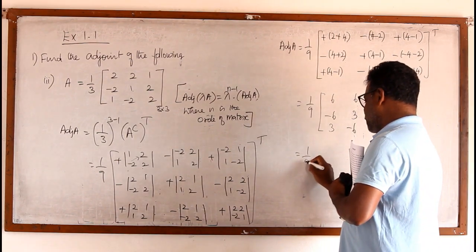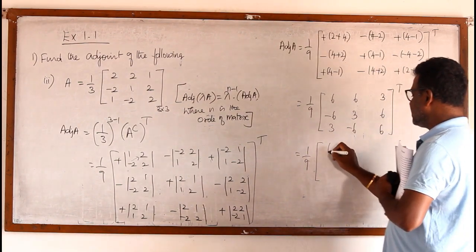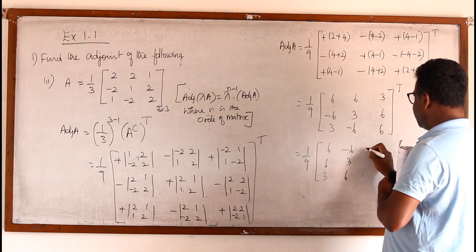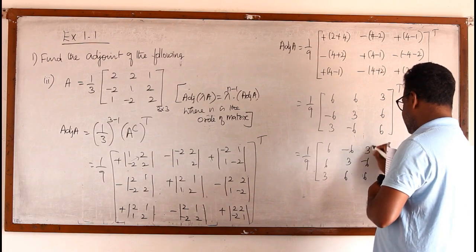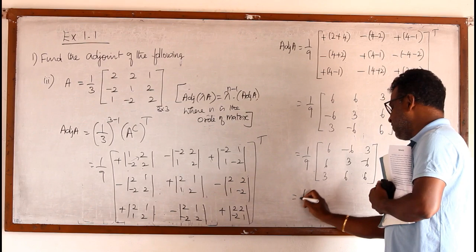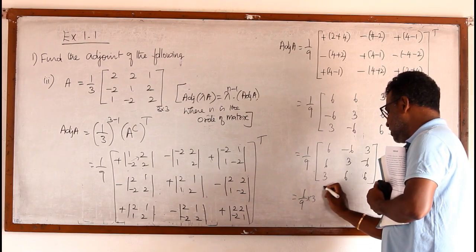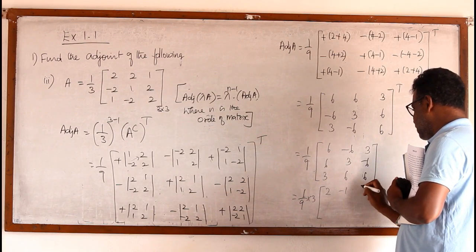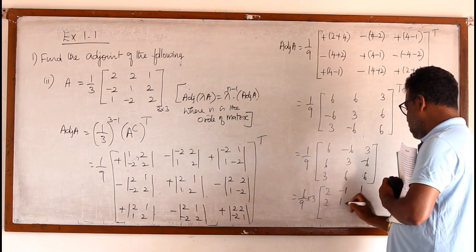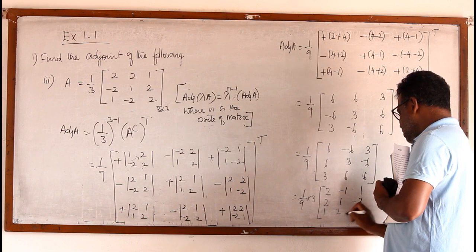Now you transpose first. Then you get 6, 6, 3 here. Minus 6, 3, 6 here. 3 minus 6, 6. Now, can you see, a number 3 is common. So if I take 3 out, then this will become 2 minus 1, 1. Because in a matrix, I can take out a common number. So it is 2, 1 minus 2, 1, 2, 2.